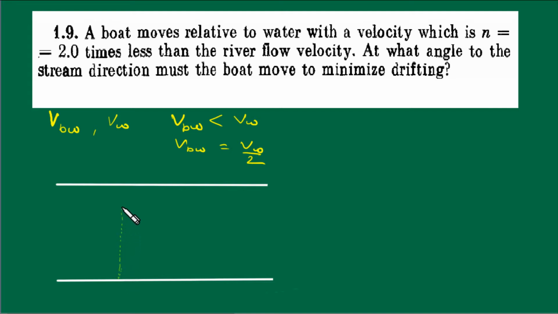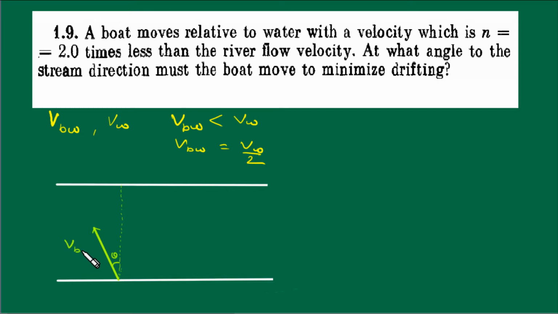This is the line across the river, right? And this is the point from where the boat has started moving. Now suppose if he wants to minimize the drift, then obviously he will try to move in some direction like this. We don't know at what angle, but let's say this angle is theta.